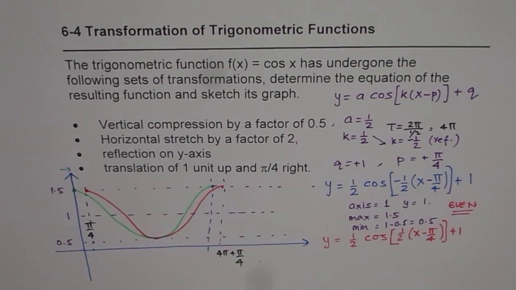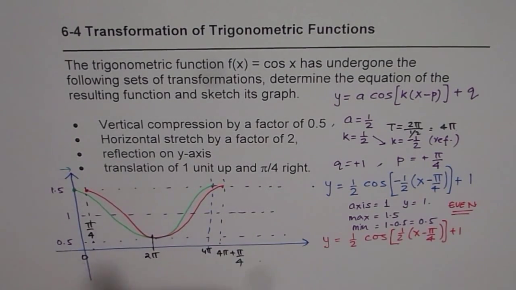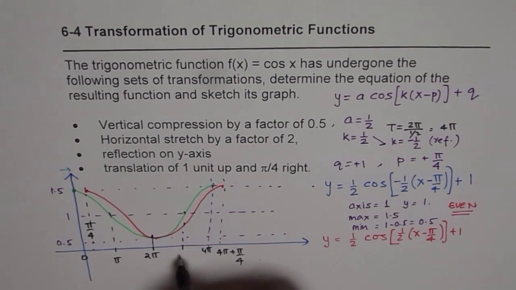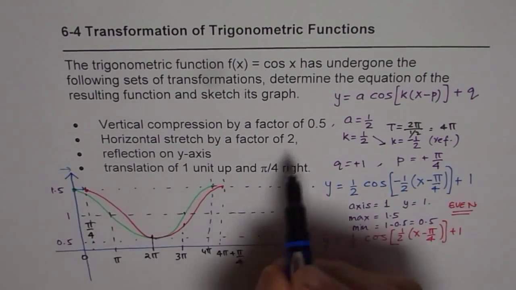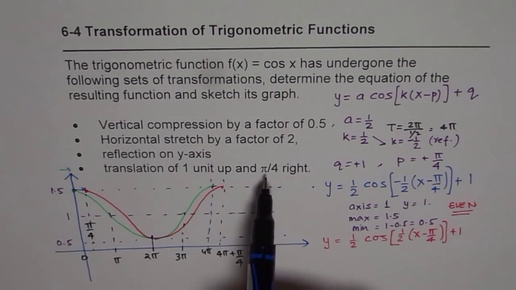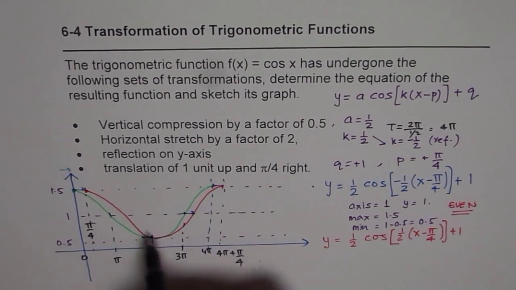First we draw a graph like this, and in this particular graph I can write, so we have this graph ending here, which is 4 pi, this is 2 pi, this is 0, and this is pi for us, and then we have this point, which is 3 pi. Do you see that? 3 pi. So first stage, and then we translate it pi by 4, in our case how much? Pi by 4 units right. Do you see that? Then you translate each and every point pi by 4 right to get your final function, which I showed you in red.